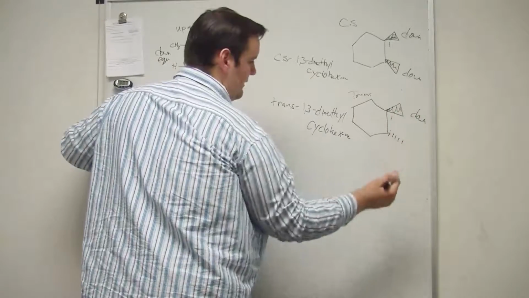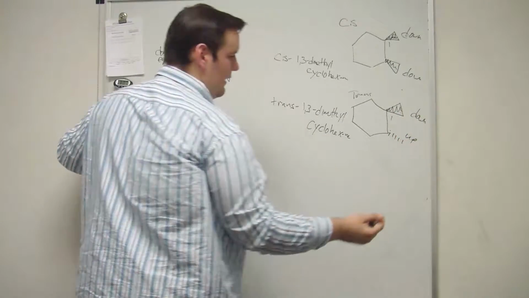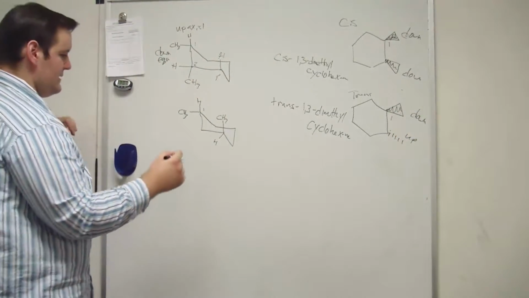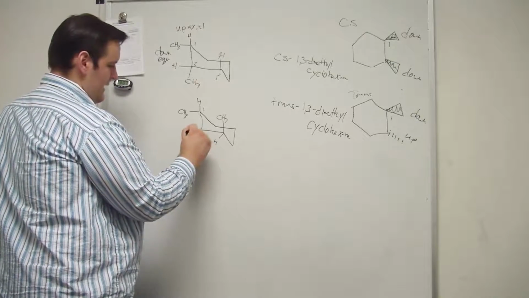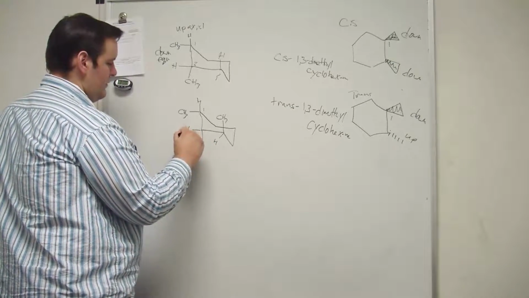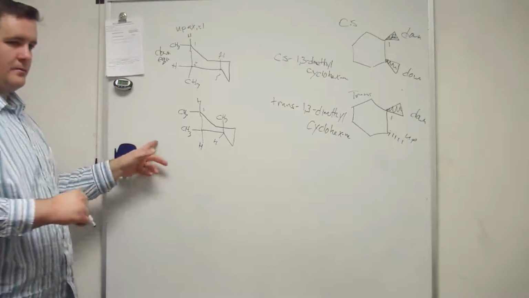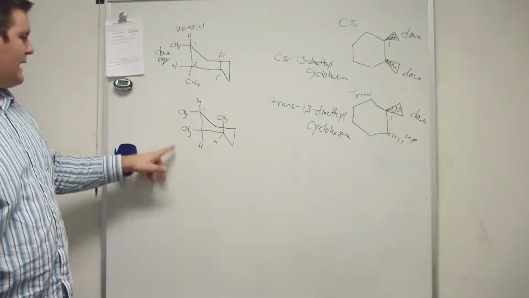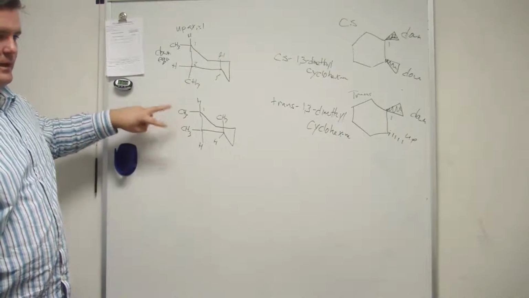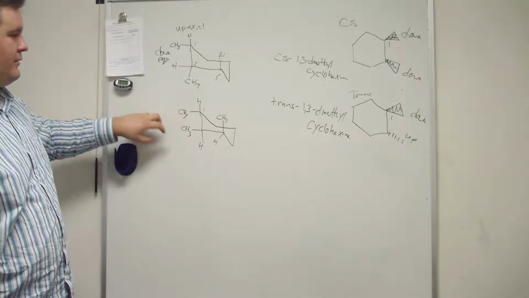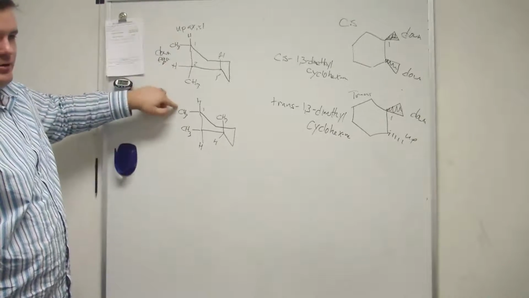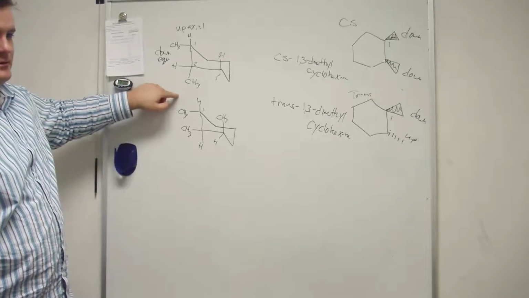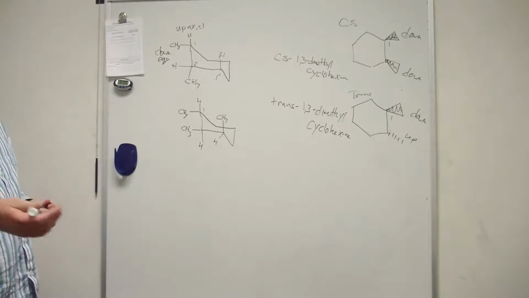If we're calling that one down, we're going to call this guy up because they're opposite of each other. So now our up position would be equatorial. And so now the trans is more stable because we have 2 in equatorial, whereas here we have 1 equatorial, 1 axial. Okay, so cis isn't always more stable.